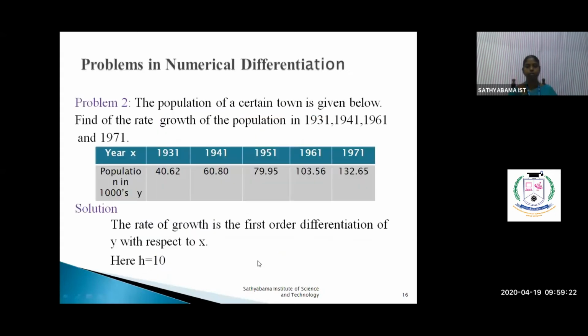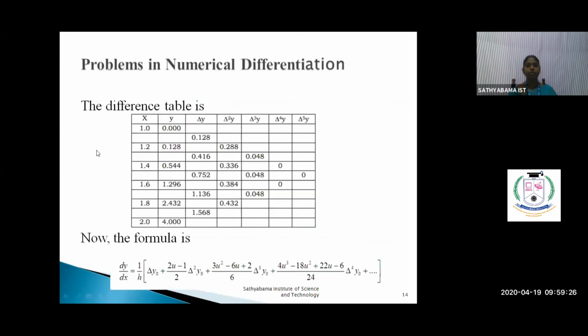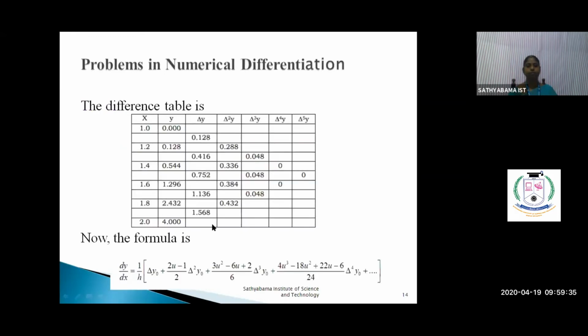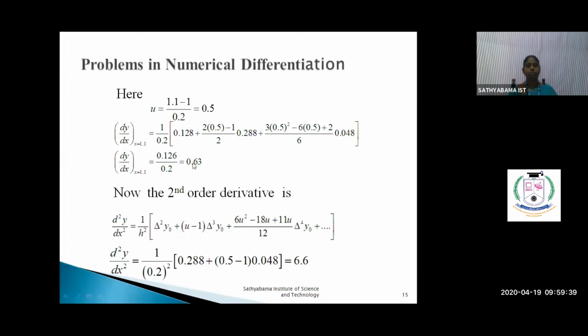Is it clear, boys? So the first and second order derivatives of the function at x equal to 1.1 are 0.63 and 6.6.